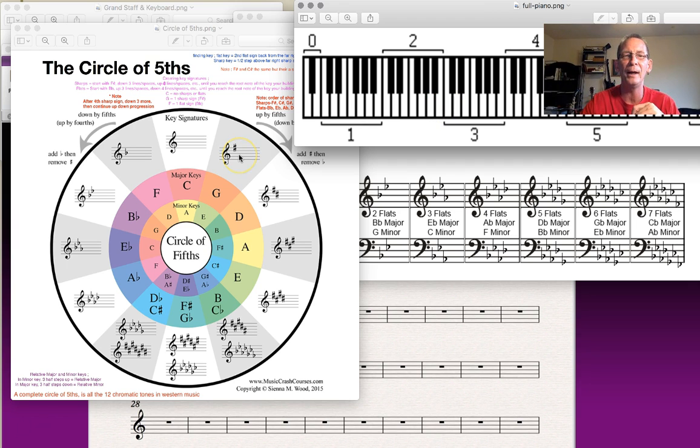Well, when you're playing in G, starting with the G note, you're going to go through it, but guess what? All of the F's are going to be sharped. Why? Because that's the 7th. All the F's will be sharp because it's a half step up to the root again.